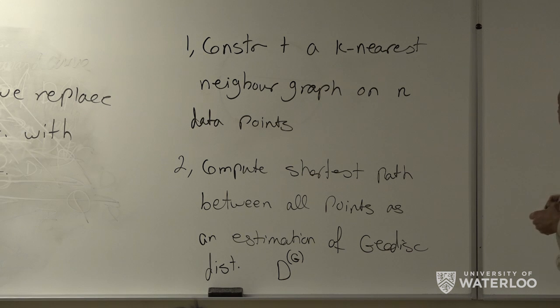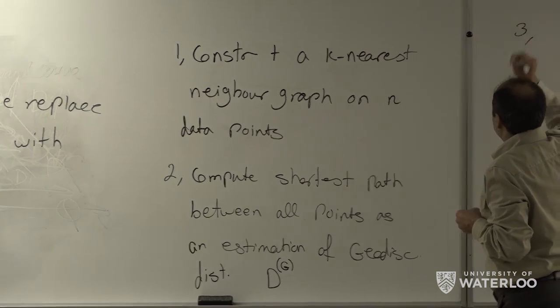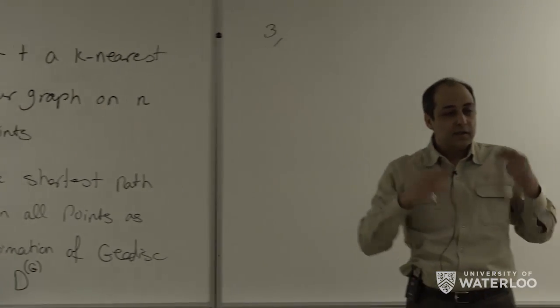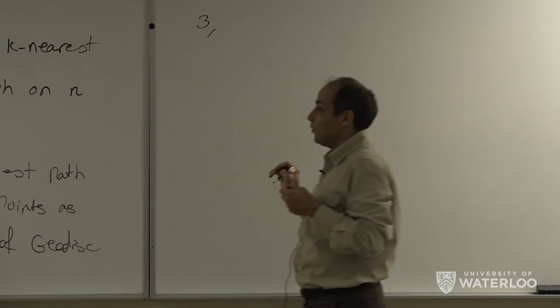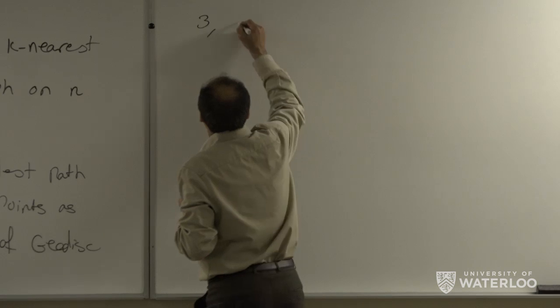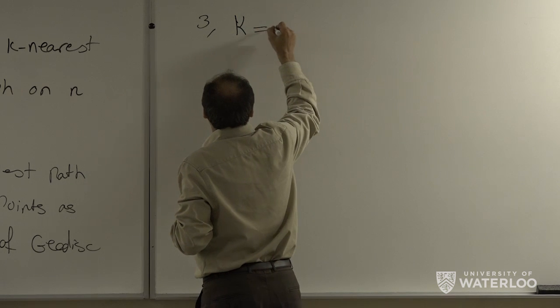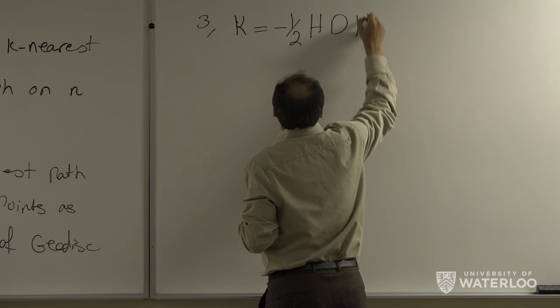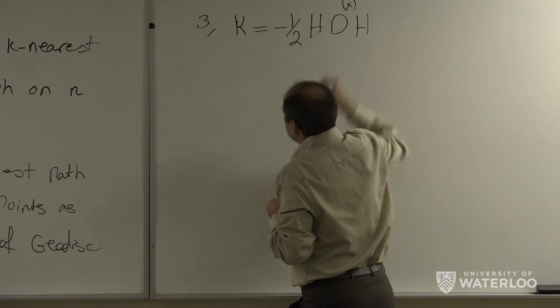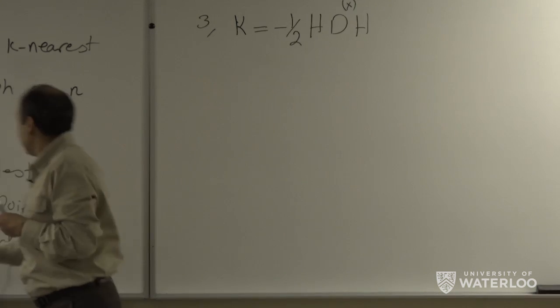Step 3. From now on, it's Isomap. In MDS, we had this distance, but we computed K, which was minus 1/2 H D H, and that was dx. In Isomap, now it's dg.